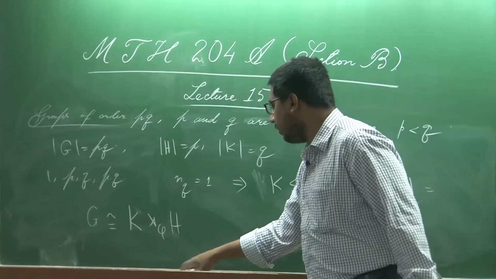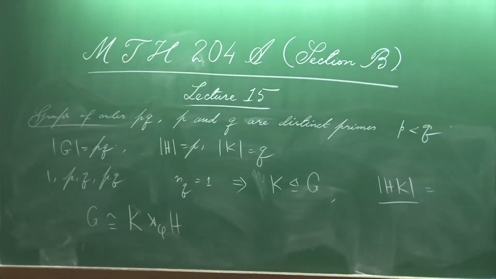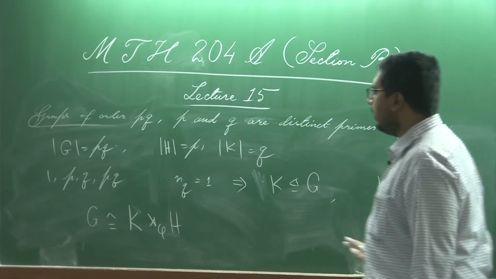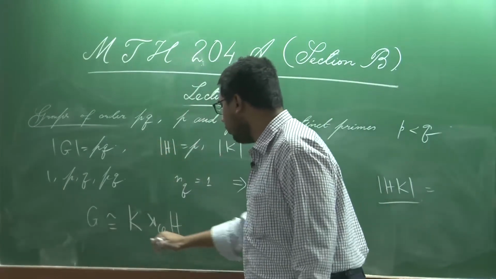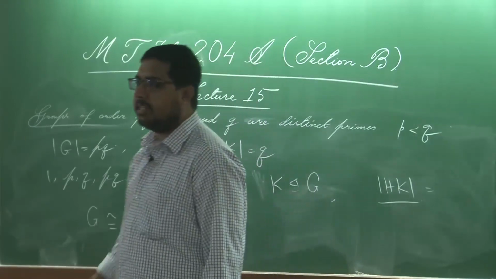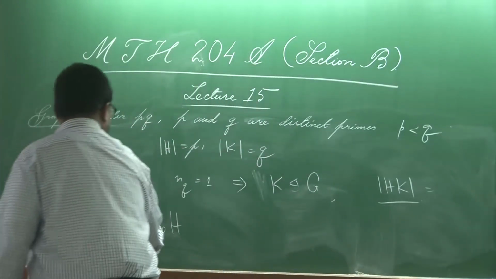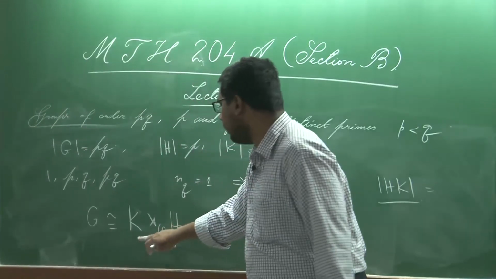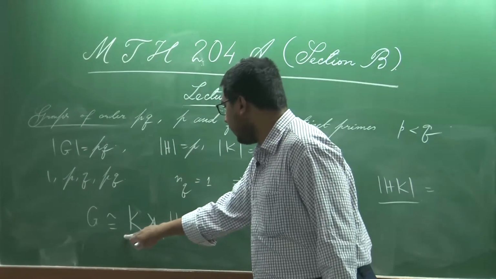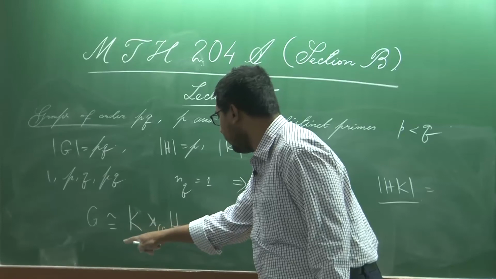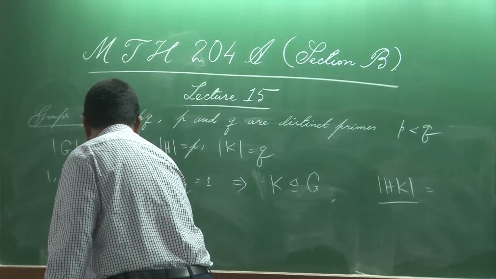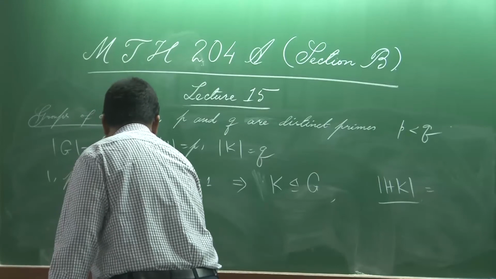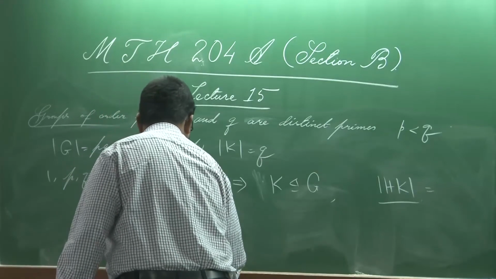Now let us see what the possibilities are. So one thing is clear by this analysis, that every group of order pq must be isomorphic to some semi-direct product of cyclic groups, where K is isomorphic to Z mod qZ, and H is isomorphic to Z mod pZ.